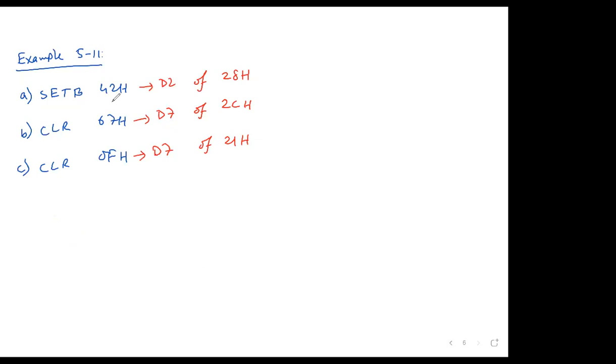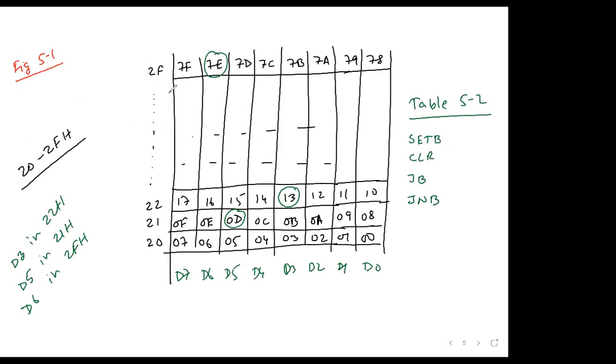Now the important thing is that this figure will not be provided to you during the exam. Try to understand that this figure is not very difficult. You need a few pieces of information: your starting address is 20, and in each address you have 8 bits. So all you need to know is how to count in hexadecimal format.